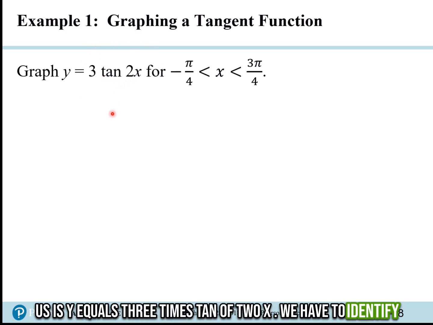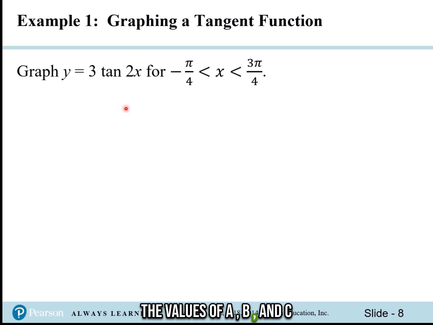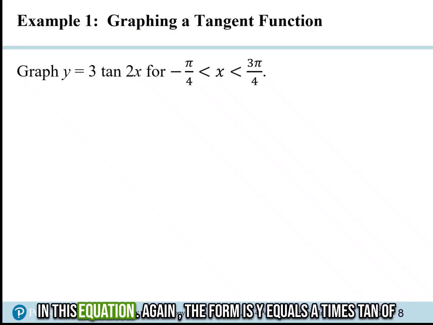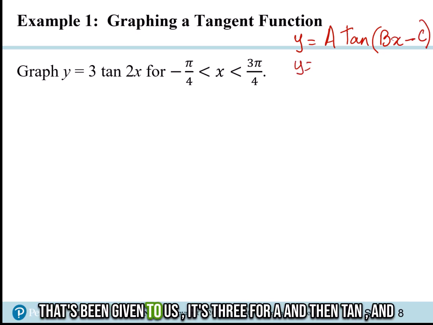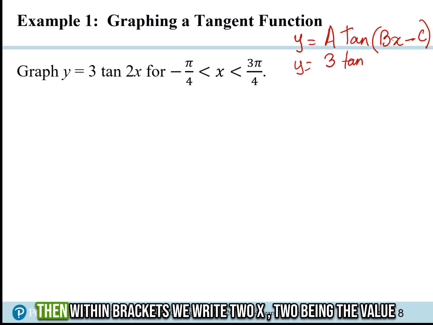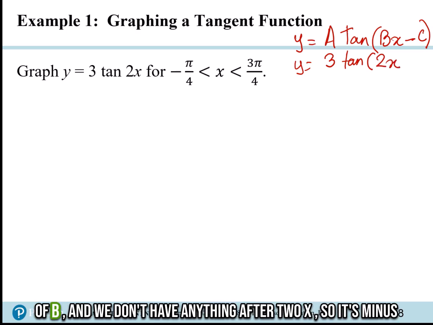We have to identify the values of a, b, and c in this equation. Again, the form is y equals a times tan of, within brackets, bx minus c. So if we use our equation that's been given to us, it's 3 for a, and then tan, and then within brackets we write 2x, 2 being the value of b, and we don't have anything after 2x, so it's minus 0.